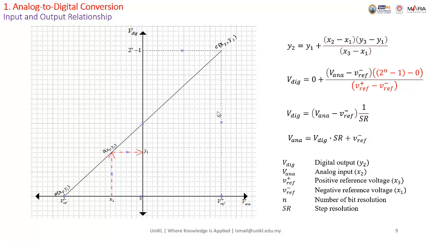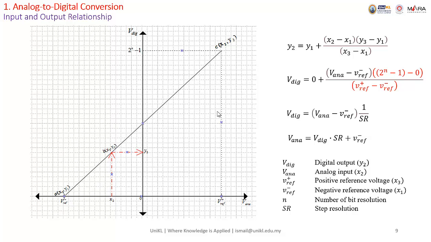So from here, I show you we have 3 points, A, B, and C. The coordinate of A is x1, y1, then B is x2, y2, and then C is x3, y3. All right. So the x-axis represents the input.